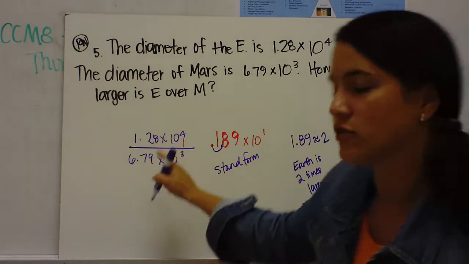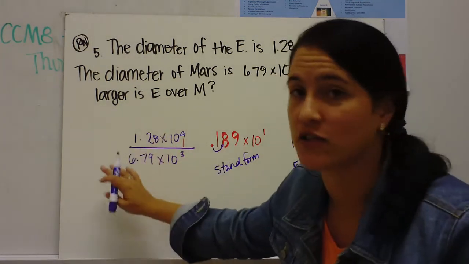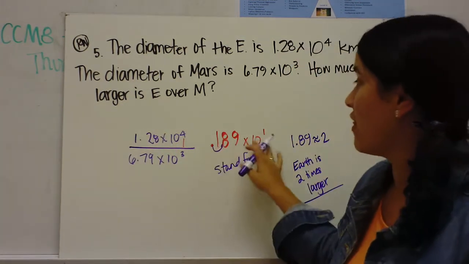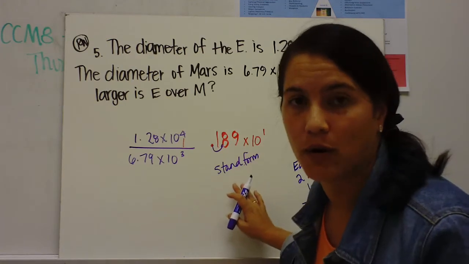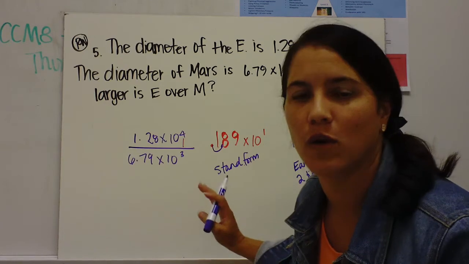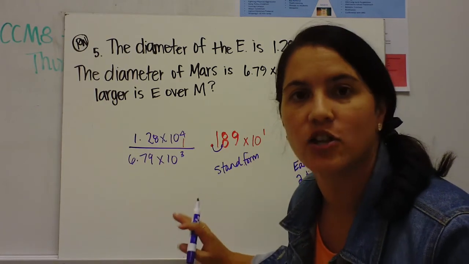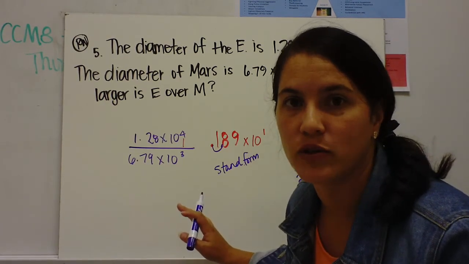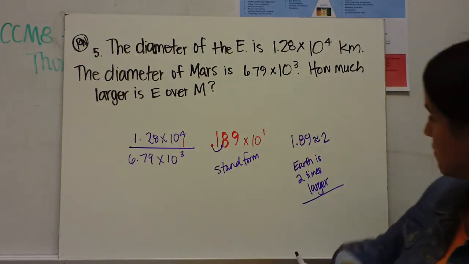Earth is 2 times larger, so let me make sure we understand. I divided using my division rules. Then I changed it to standard form, and I got 1.89. So the Earth is 1.89 times larger, and 1.89 is almost 2. So the Earth is 1.89, almost 2 times larger than Mars.